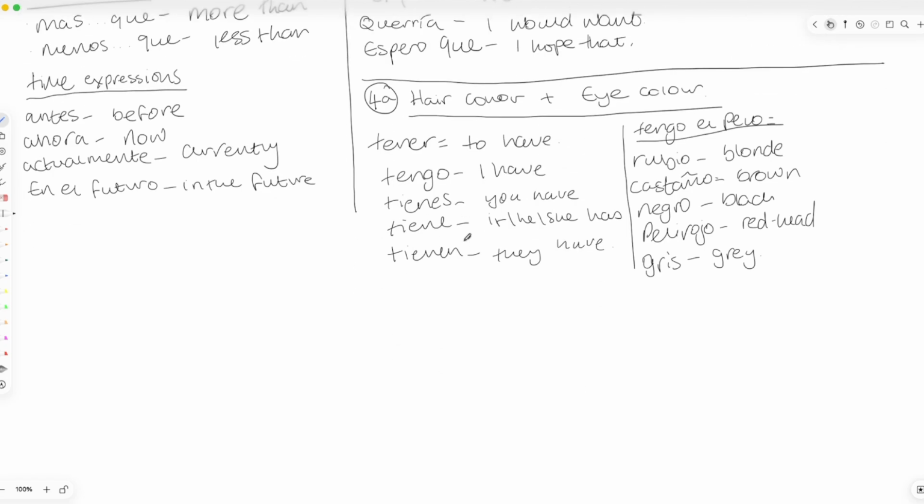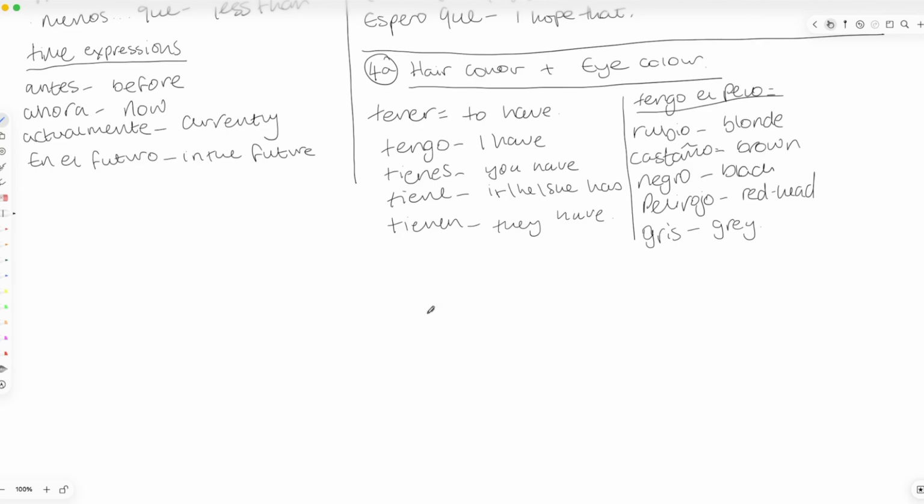Alright, what about eye colour? Okay, we'd say tengo los ojos, and obviously eyes are plural, so we've got that los and the ojos, so our colours also need to be plural. Azules, blue.